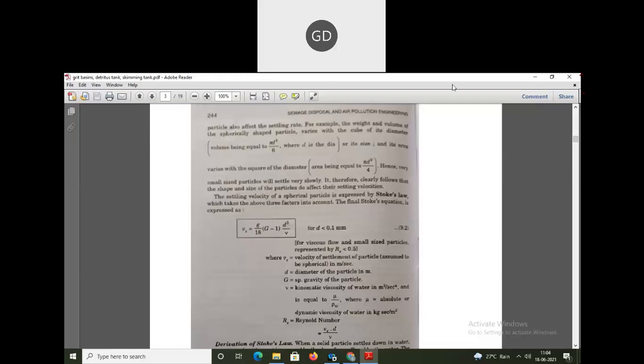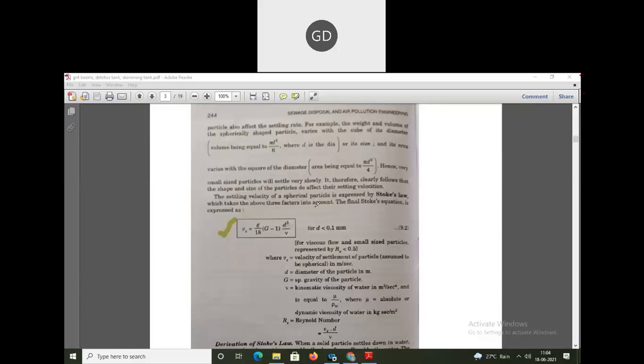There are different types of expressions for the settling velocity, and it is the same as what we have done in our treatment of water part. The first one is Stokes law.